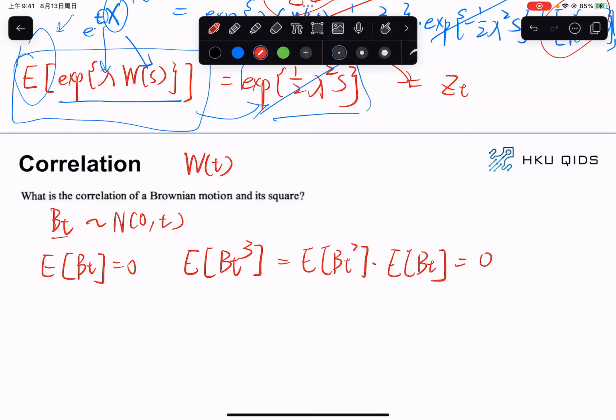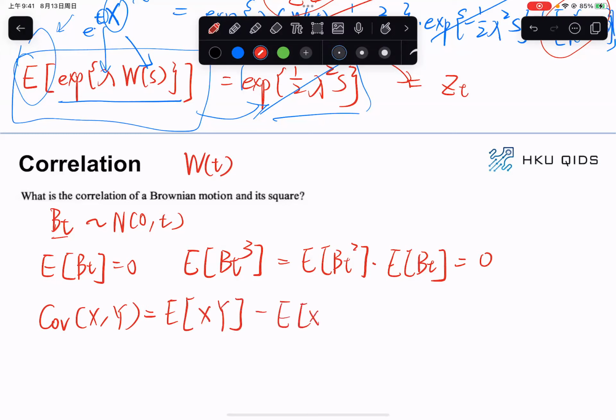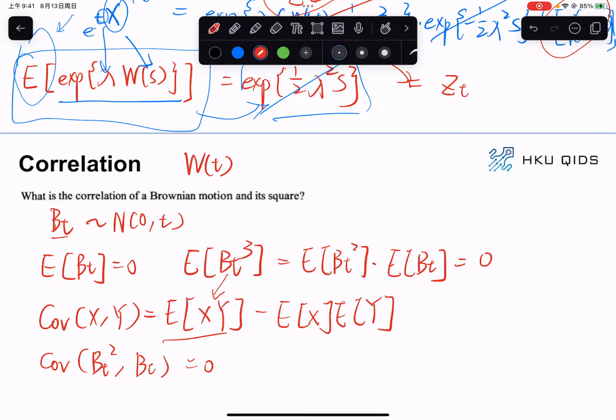Applying the equation for covariance, Cov(X,Y) is E[XY] minus E[X]E[Y], and thus the covariance of B_t squared and B_t is 0, because this is just E[B_t^3], and E[B_t] is 0, so in total it is also 0. And the correlation of a Brownian motion and its square is 0.